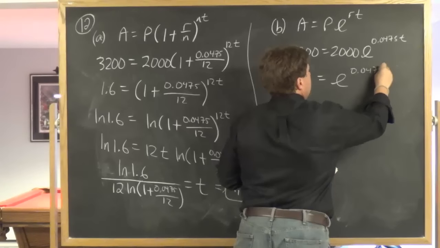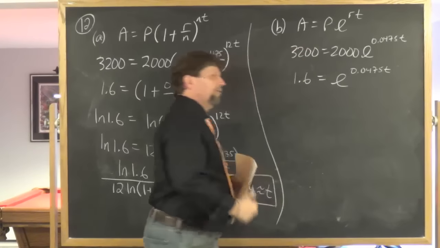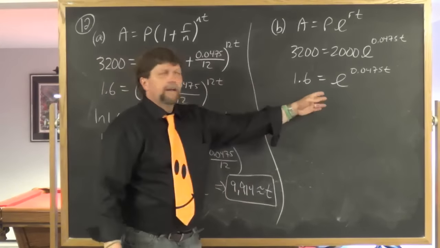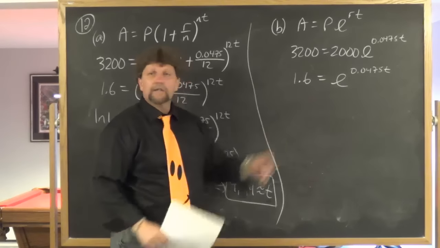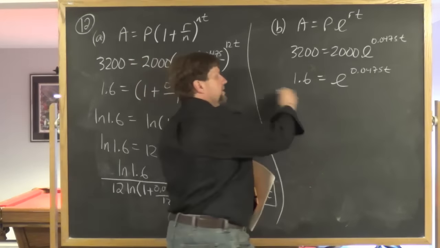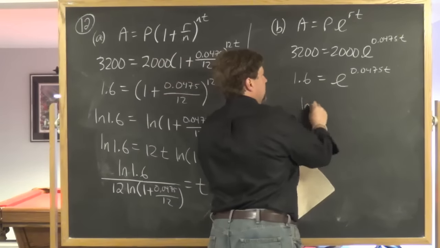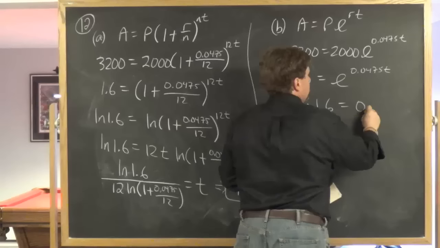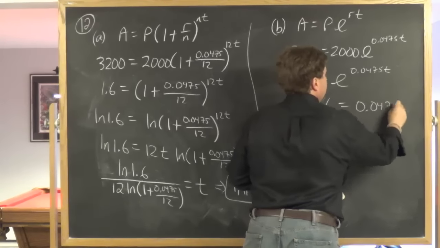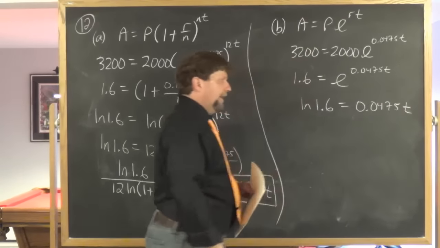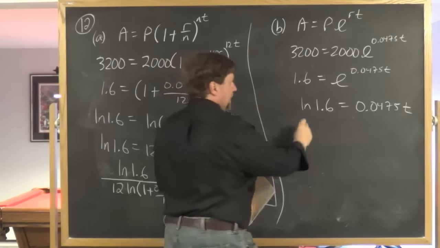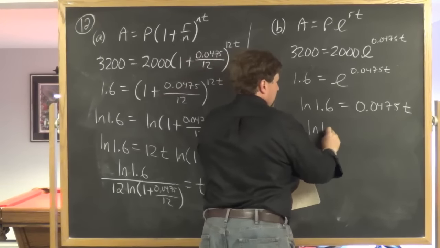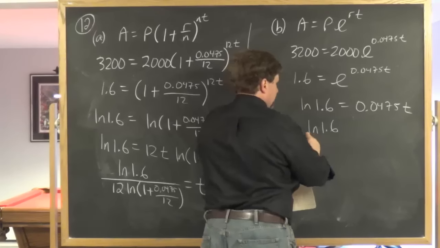Now where it gets a little bit different and a little friendlier than part A is I can write a logarithmic equation for this exponential equation. This exponential equation is the same thing as saying the natural log of 1.6 is equal to 0.0475t. And then I can divide both sides by 0.0475.